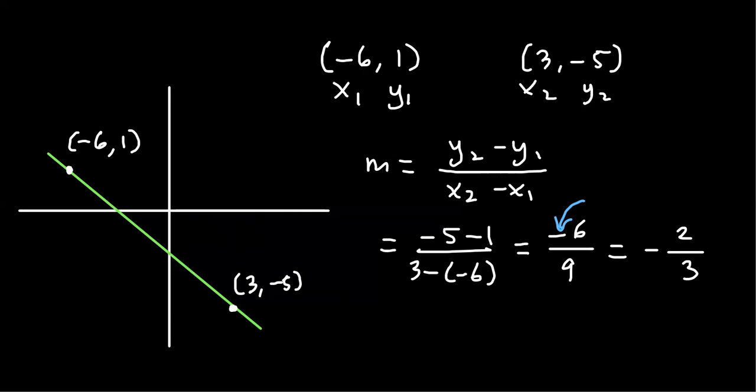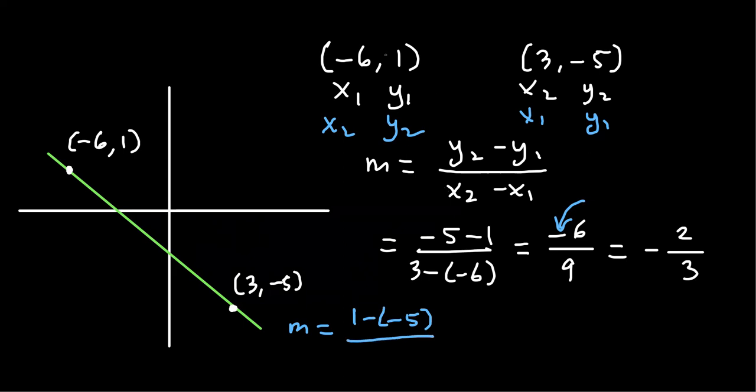Okay, and I'll also show you that even if you labeled this one x2, y2, you would still get the same gradient. So let's just check that quickly. So m equals, so y2 minus y1, that would be 1 minus -5 this time.